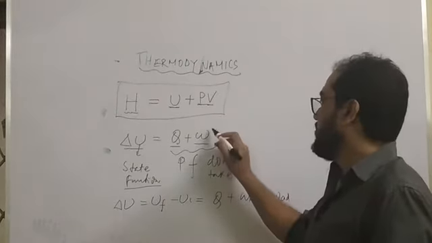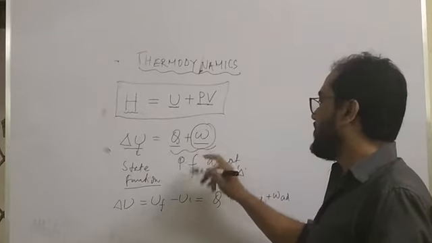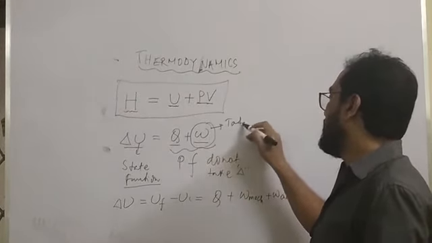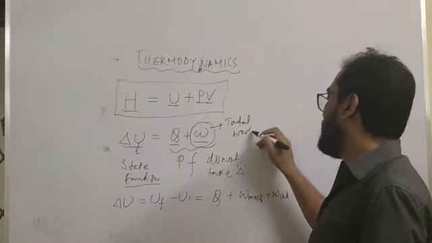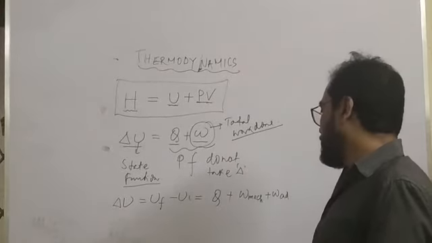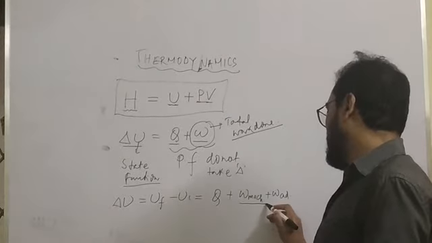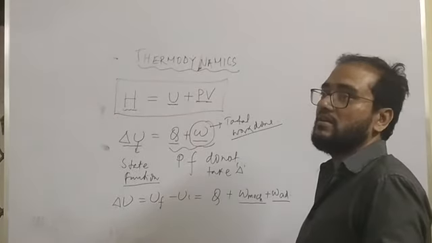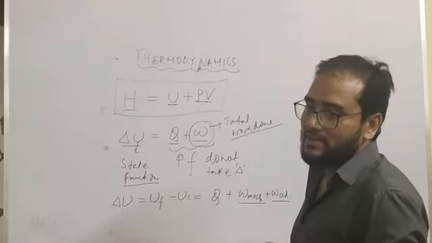Very few of us know that this work is total work done. In thermodynamics, we recognize two types of work done: mechanical work done and additional work done, that is non-mechanical. You must be wondering, what is mechanical work done?